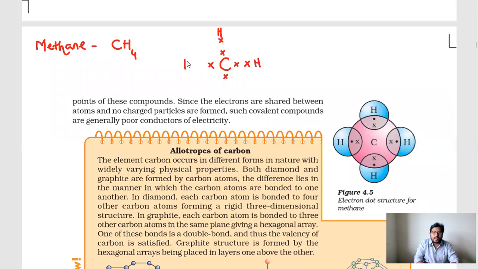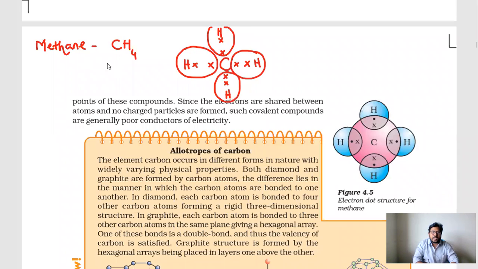Individually these hydrogens will share an electron from the carbon to get stable. In each circle there will be 2 electrons, so hydrogen is stable. Here all 4 hydrogens are stable.